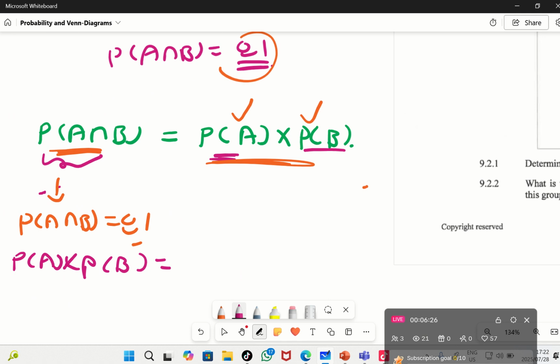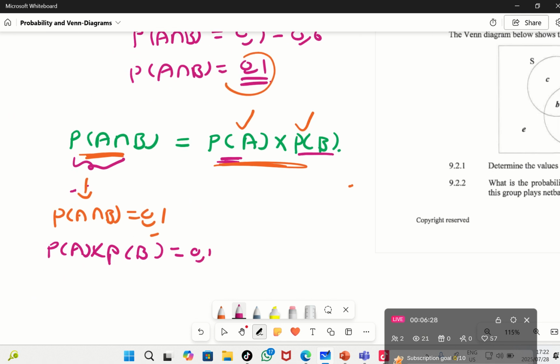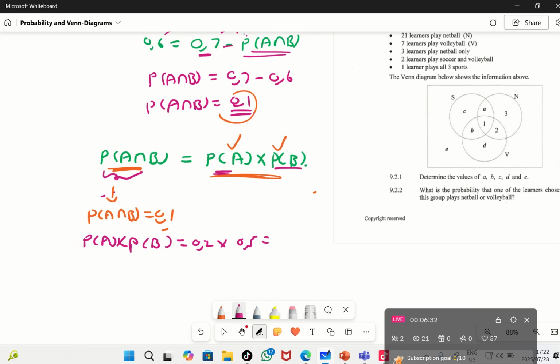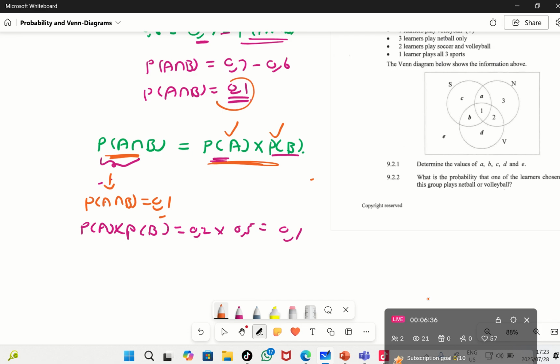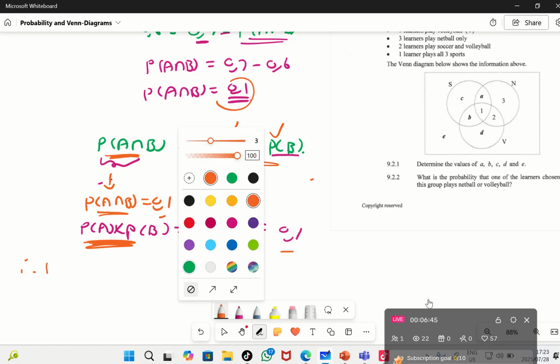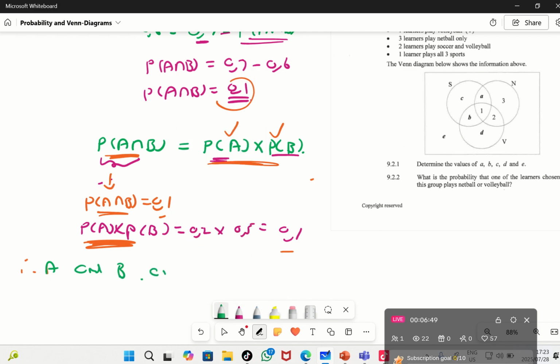Let's multiply those two. 0.2 times 0.5 gives us an answer of 0.1. So this probability of A times B equals the probability of A and B. So therefore we can safely conclude that events A and B are independent events.